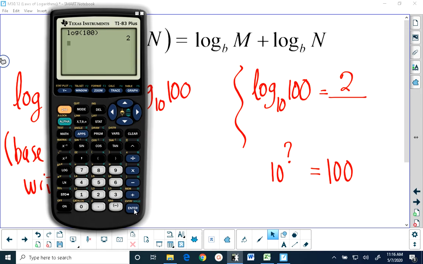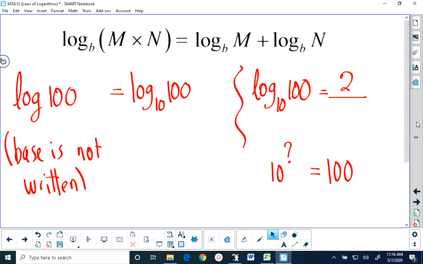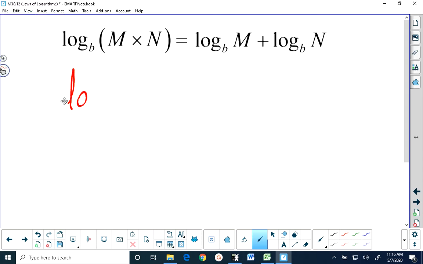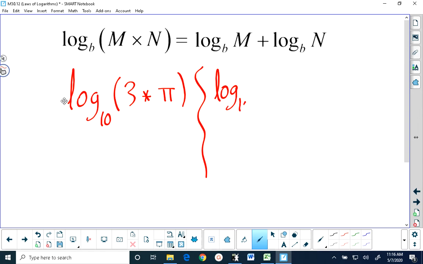Now let's talk about the product law. If I wanted to show you that this works, I could say, what is log base 10 of 3 multiplied by pi? And you could use your calculator. If I said to you, what is log base 10 of 3 plus log base 10 of pi, you could use your calculator.